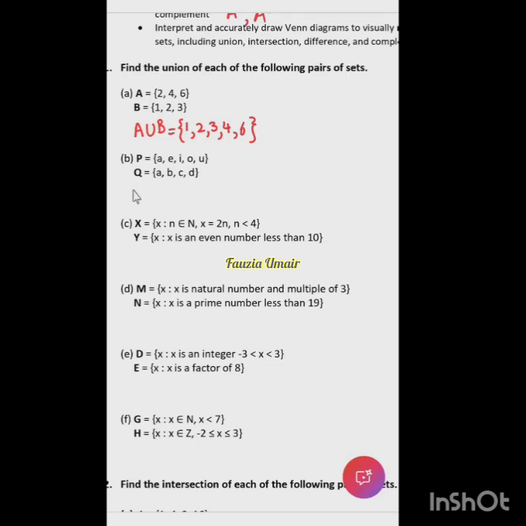So who can tell me what will be the answer of P union Q? P union Q. So this time anyone else? What will be the elements in P union Q? What about Arshman? Can you tell me?